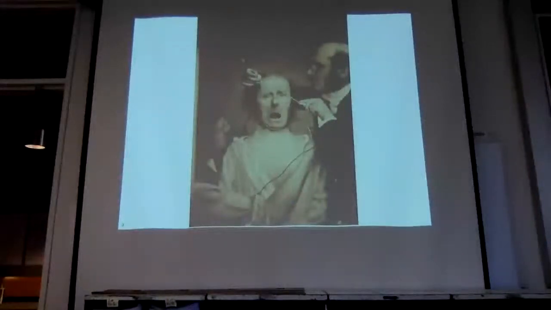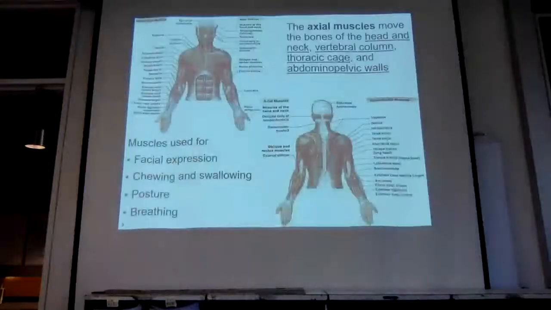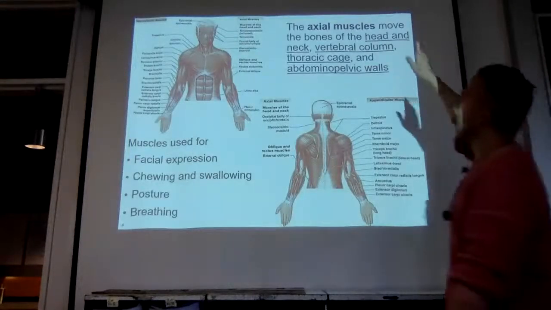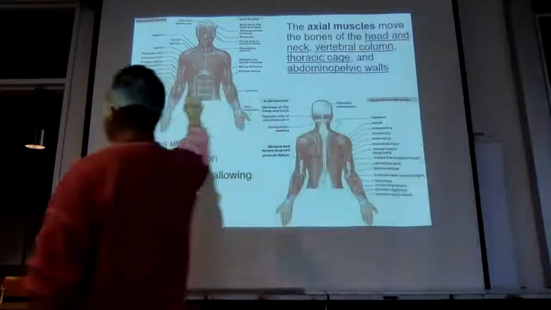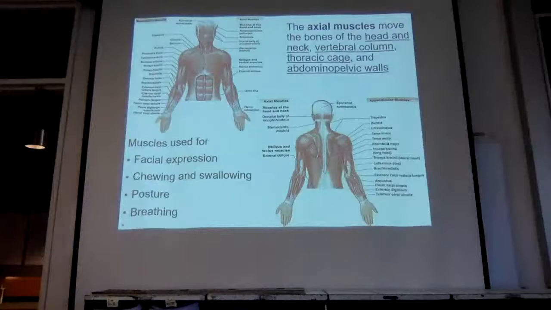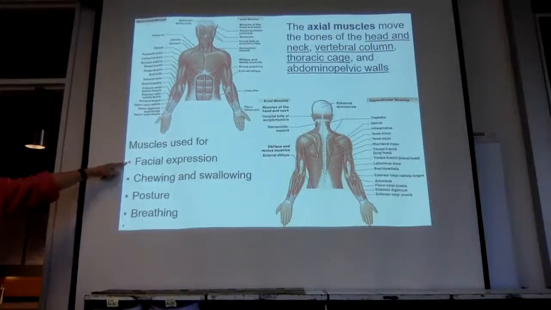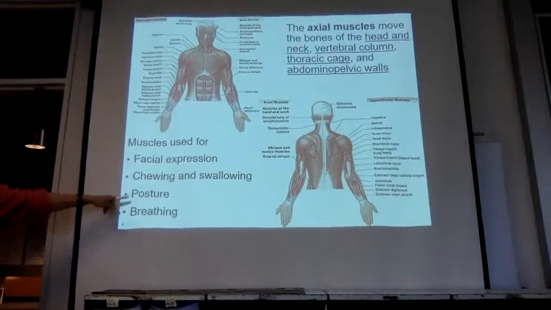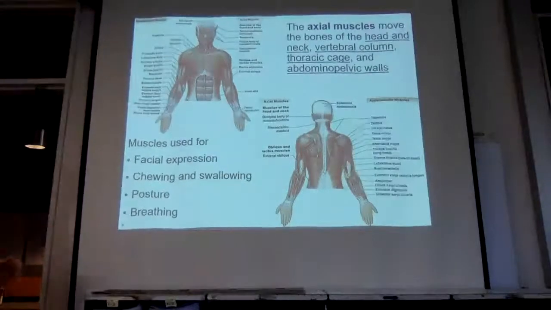I think it'll be easier for you to remember all these different muscles if you associate them with what they do. In general, again, what do I mean by axial muscles? We're talking about head and neck, vertebral column, thoracic cage, abdominal pelvic walls. But there's a bunch that we're not going over. We're focusing on muscles for facial expression, chewing and swallowing, posture, and breathing.